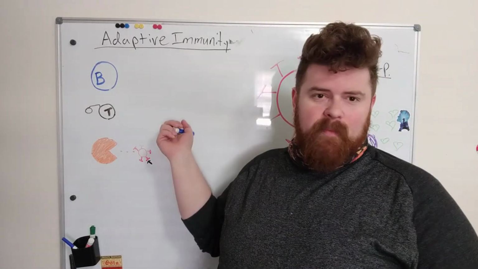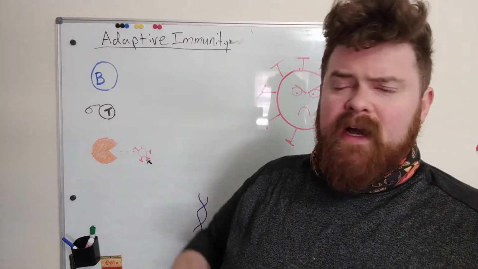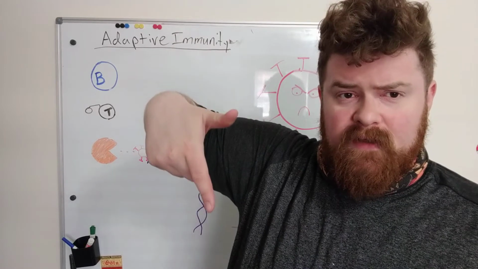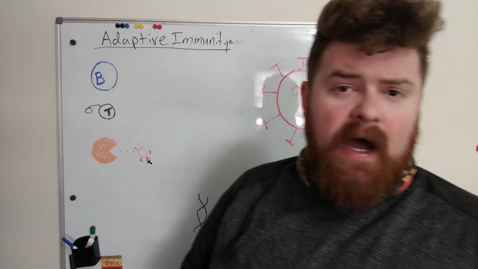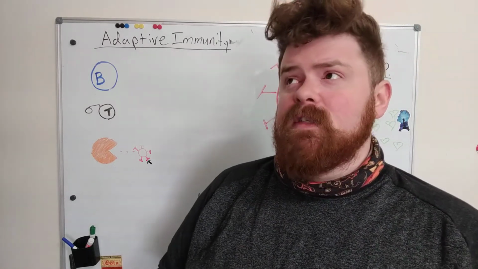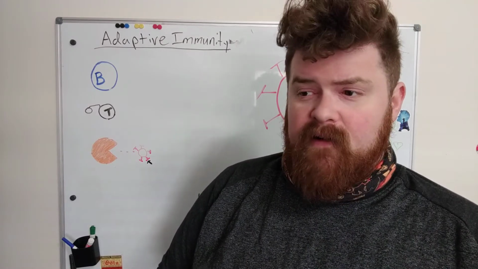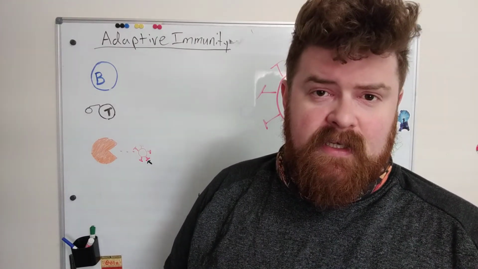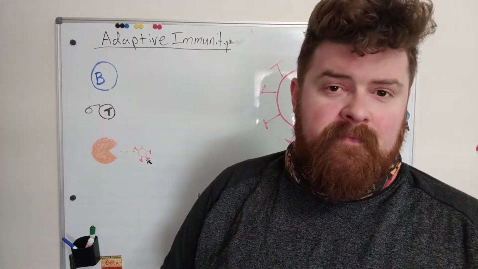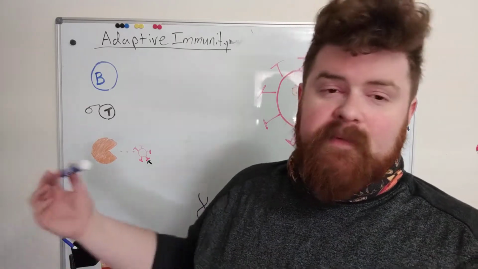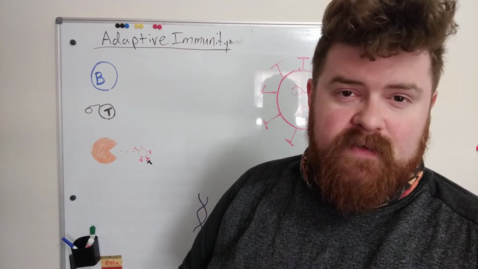So today I want to use my whiteboard and explain some concepts. This is sparked by a paper that I have the link for down below. Basically what we've discovered, and it's kind of a hot button topic right now, is that the SARS-CoV-2 virus that causes the disease COVID-19 has a specific mechanism that it has adapted to inhibit our adaptive immune system.